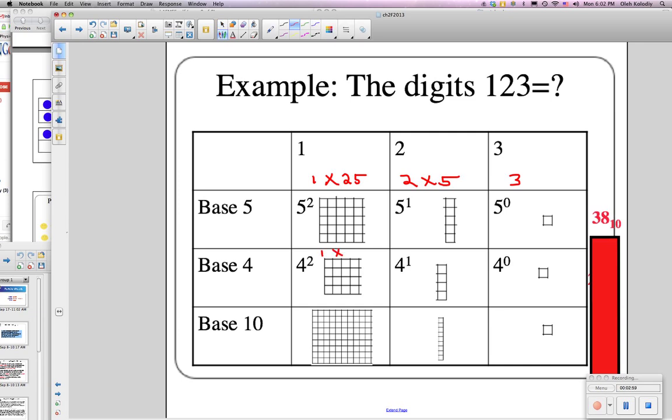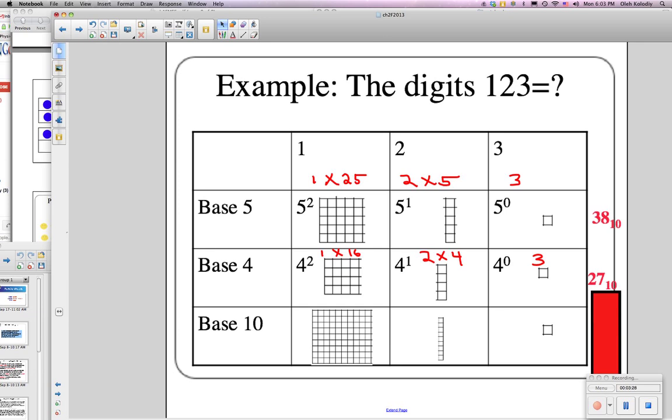How about 1, 2, 3 in base 4? Well, that would tell you there are one of these, 1 16, two of these, 2 4s, and 3 of these means 3 1s.